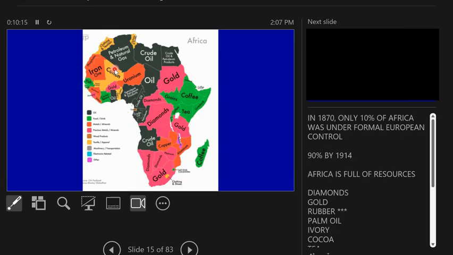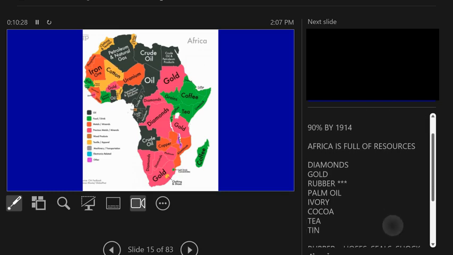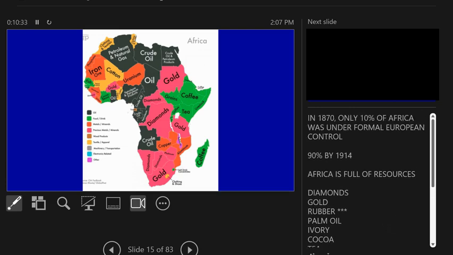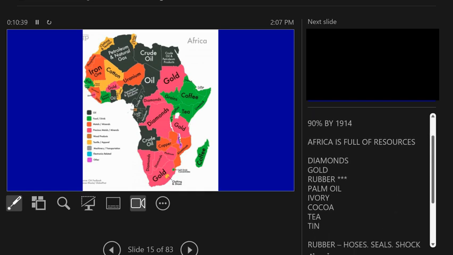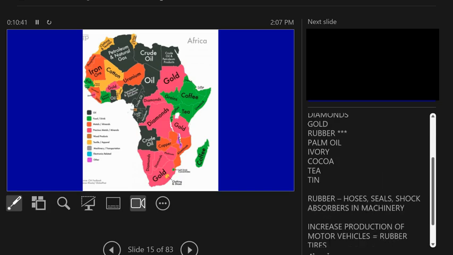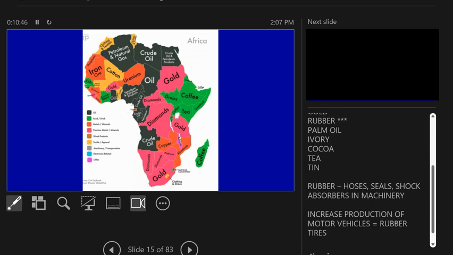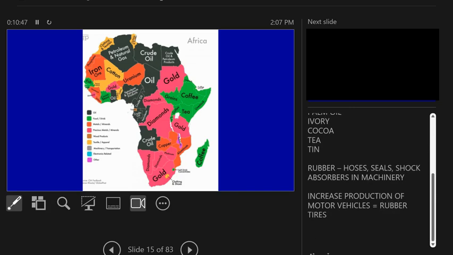Africa is still a big deal in the early 20th century. Check this out. In 1870, only 10% of Africa was under formal European control. By 1914, 90%. So within 40 years, it goes from 10% being under European control to 90%. That's a big deal. Africa is full of resources: diamonds, gold, rubber, palm oil, ivory, cocoa, tea, tin.